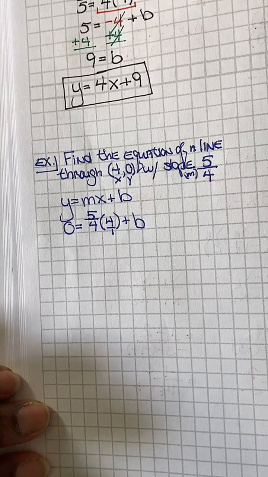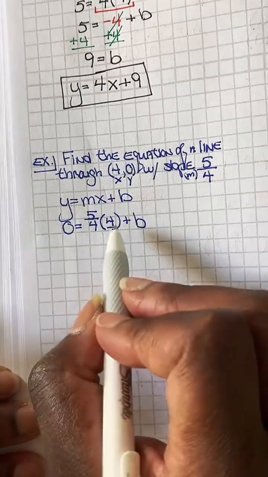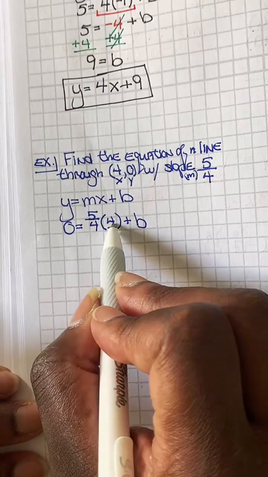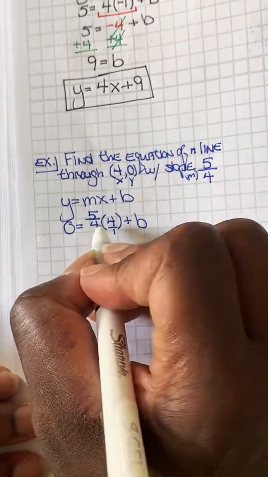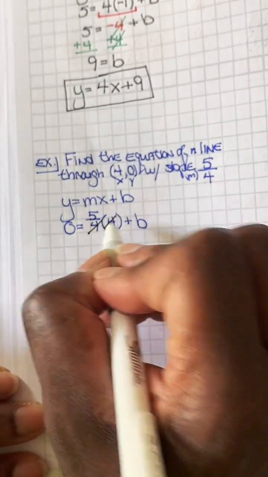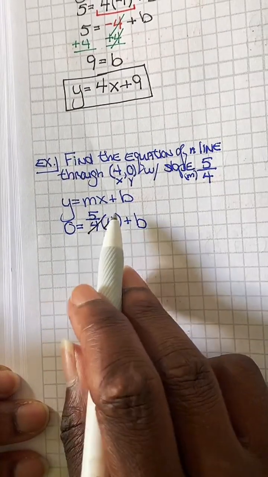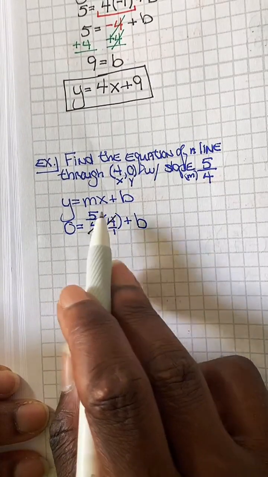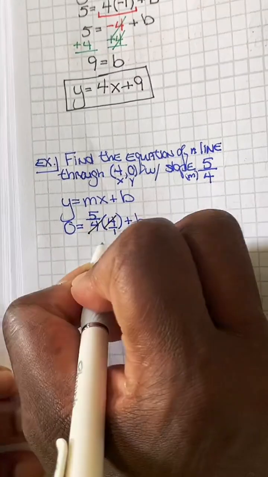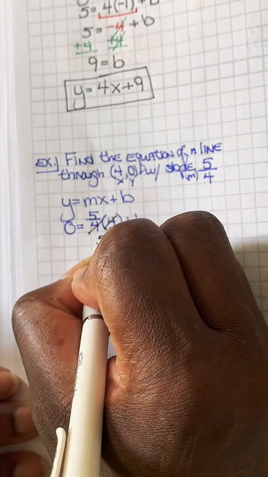Okay? All right. So what you can do, if you do 4 divided by 4, that'll give you 1. What's left? 5/1. 5/1, that's the same as saying 5.